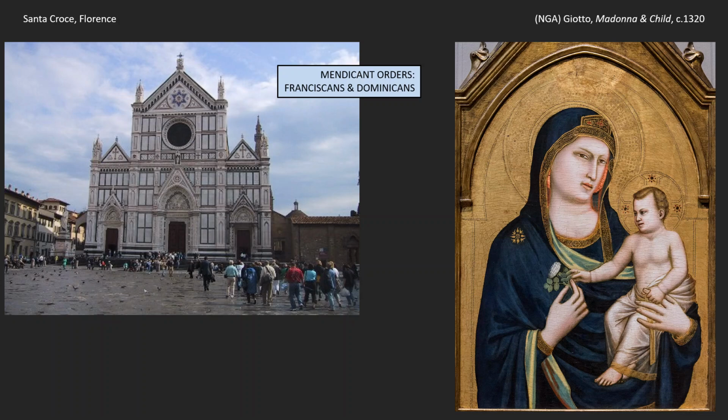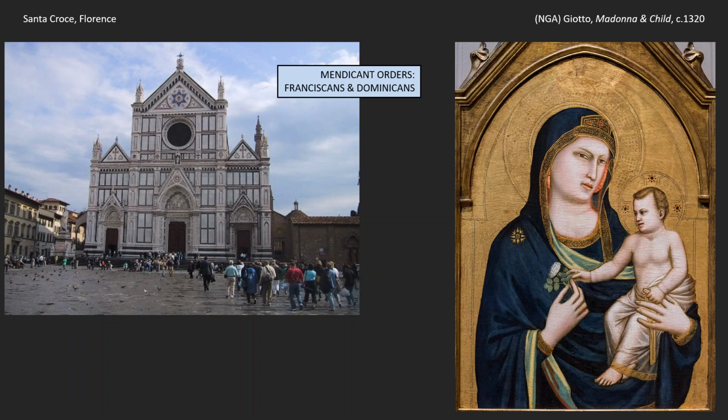Now, why is this important for Giotto to change his style? When the Franciscans and the Dominicans went out and preached, one of their strategies for reaching people was to try to make the Bible story as relevant as possible to these people's daily lives.